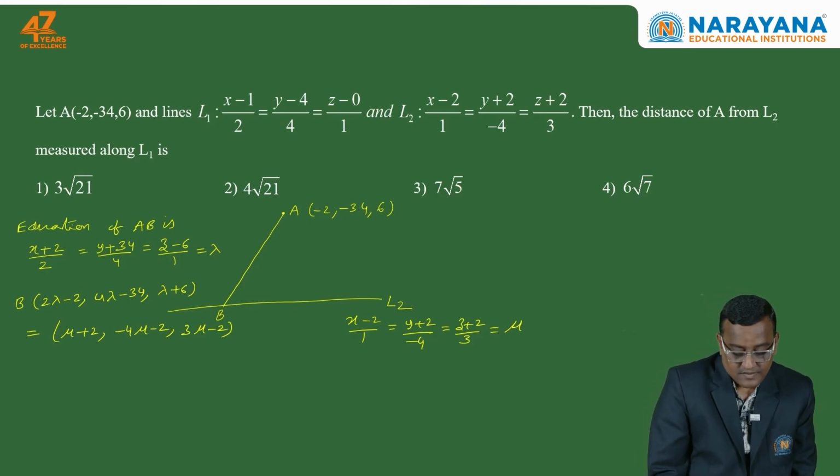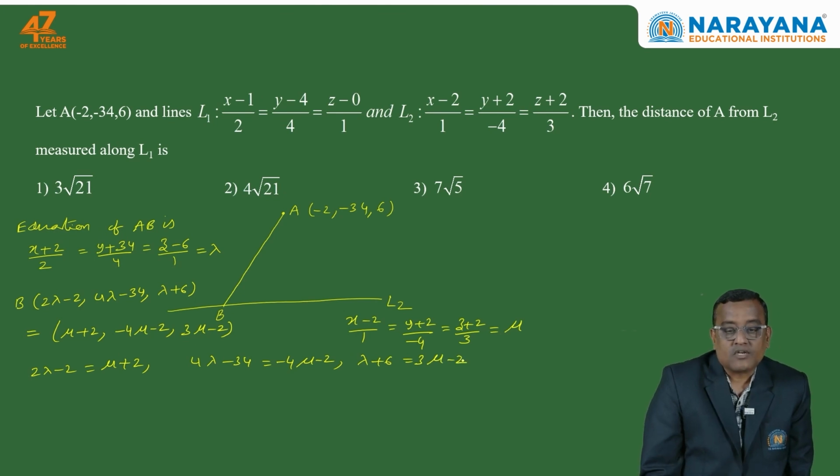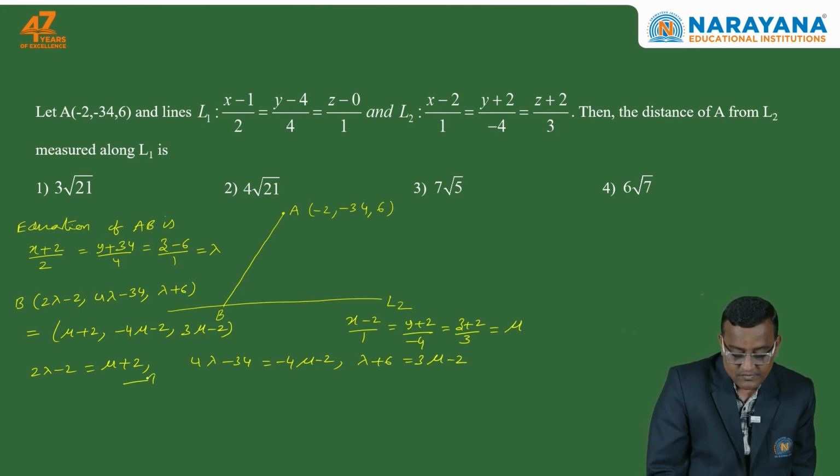Now equating x coordinates and y coordinates on both sides, we get these three equations. Solving 1 and 2, we get lambda and mu values, and that satisfies the third one. That lambda value after solving these two is 4 and mu is also 4.